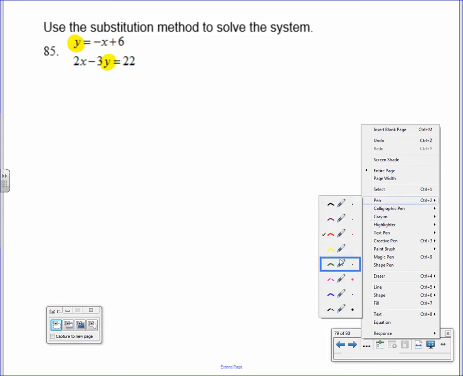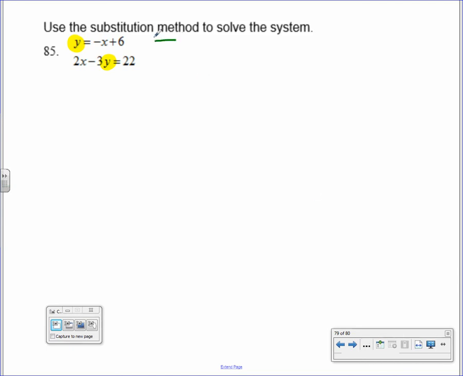Now, I need to look at this equation. And this equation is going to give me what the substitute is for y. And that's going to go and take the place of y. So let's rewrite the second equation, substituting y for its substitute, negative x plus 6.